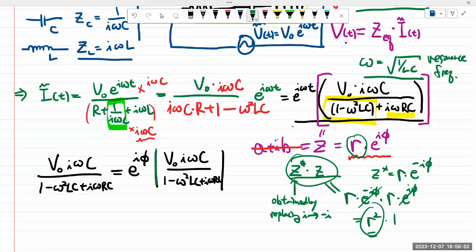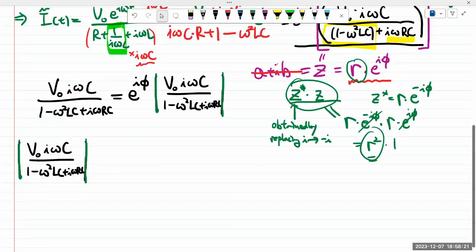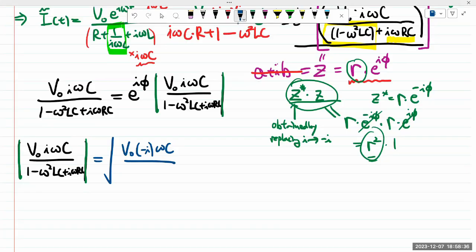So when I want to calculate this, the really simple operation is, okay, let me write this out. That's going to be equal to the square root of the complex conjugate of this number. It takes some steps, but it's simple to write out. Let me write out V naught times minus i omega C divided by 1 minus omega squared LC, and then minus i omega RC.